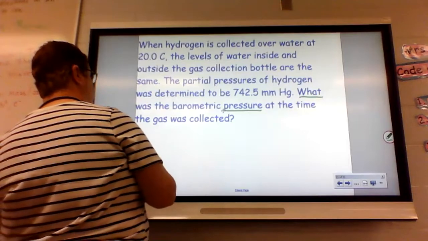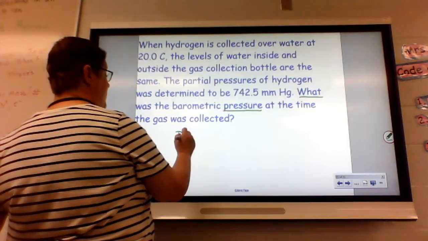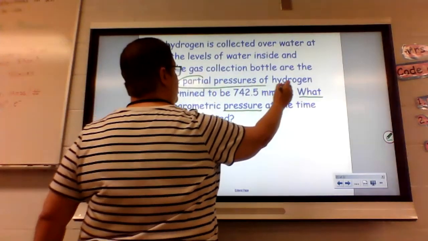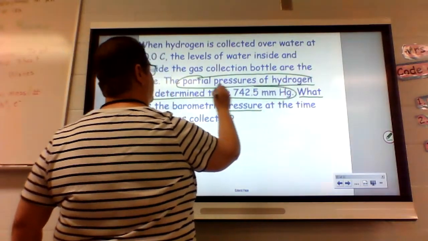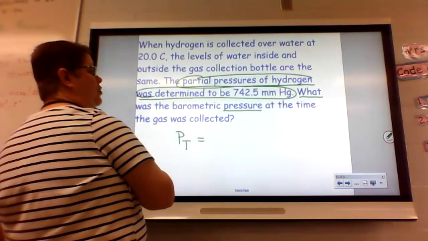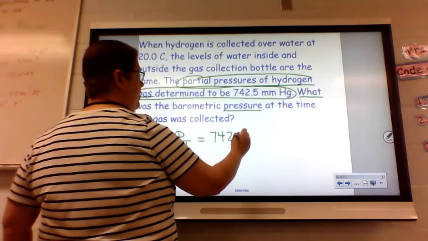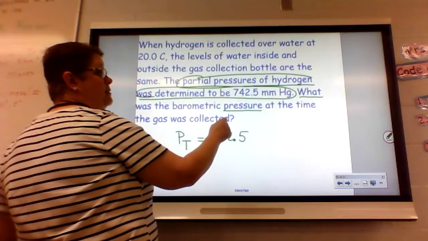Are we asking for PT or P gas? They're giving us the partial pressure, 742.5, so that is going to go in for P gas, and we're finding PT.